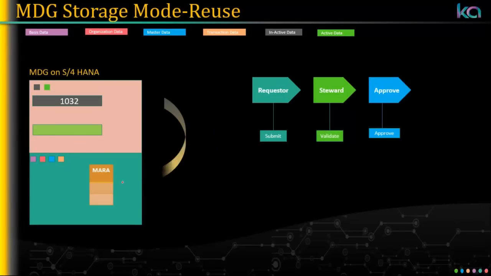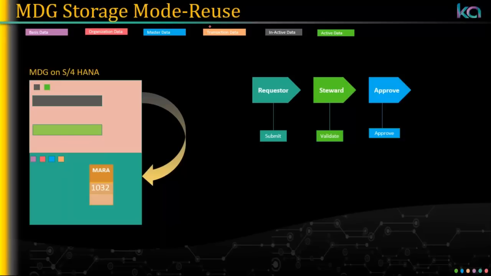After approval, immediately the material code will move from the inactive area of MDG directly to the active area of ECC. So there is no data here when it is reuse storage mode.